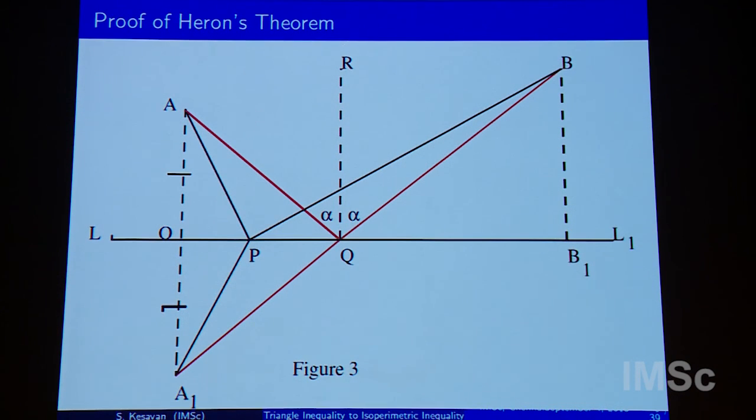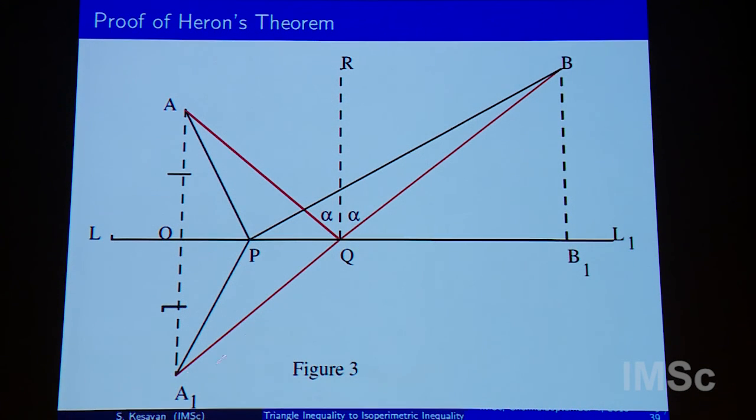So AP plus PB is the same as A1P plus PB, right? So the length of any admissible path from A is the same as the length of the corresponding path from A1 to B. And you know what is the shortest path? It is the straight line, because now anyway I will cross, so it doesn't matter.